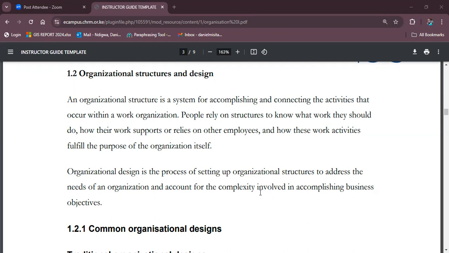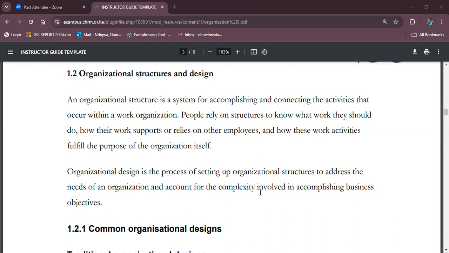When you look at Safaricom and how they normally do their things, you realize that the Safaricom structure is one of the best structures. And that is why they keep on being the best in that industry. We have other companies like Coca-Cola, they are doing a good job when it comes to organization structure and also design.